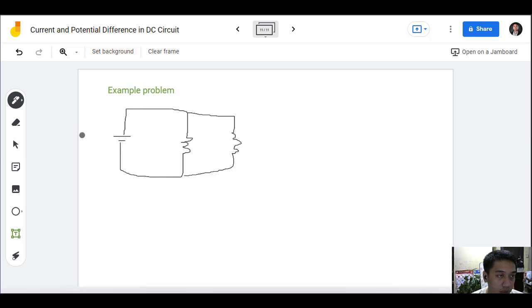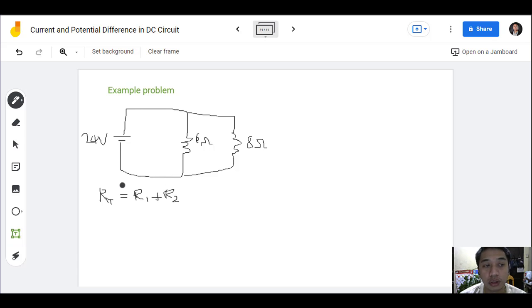Let's say 24 volts is the voltage. We have 6 ohms and 8 ohms resistor. Yan. Paano natin ngayon i-solve yung resistor, no? Ng kabuuan, no? R1, R2.